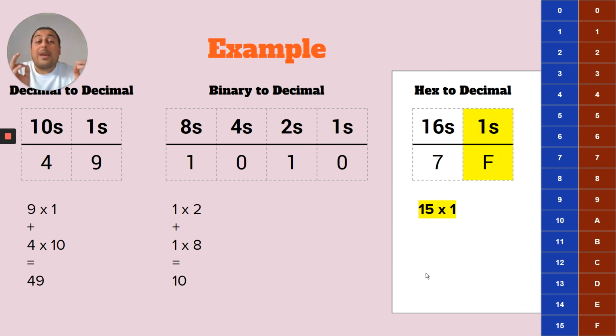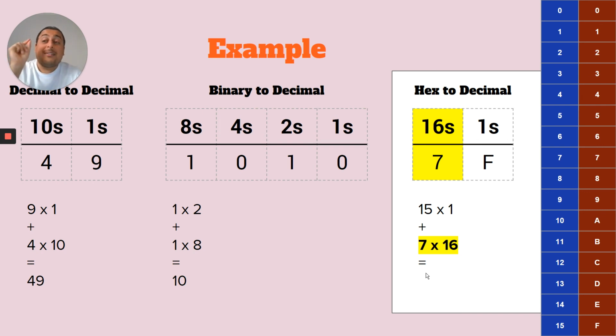So we have 15 lots of 1 plus 7 lots of 16s, which means that our hexadecimal number 7F is actually equal to our regular decimal number 127. Now in today's lesson, we're actually going to be dealing with how to go from hexadecimal numbers to binary numbers. So watch the next video to figure out how to do those examples.